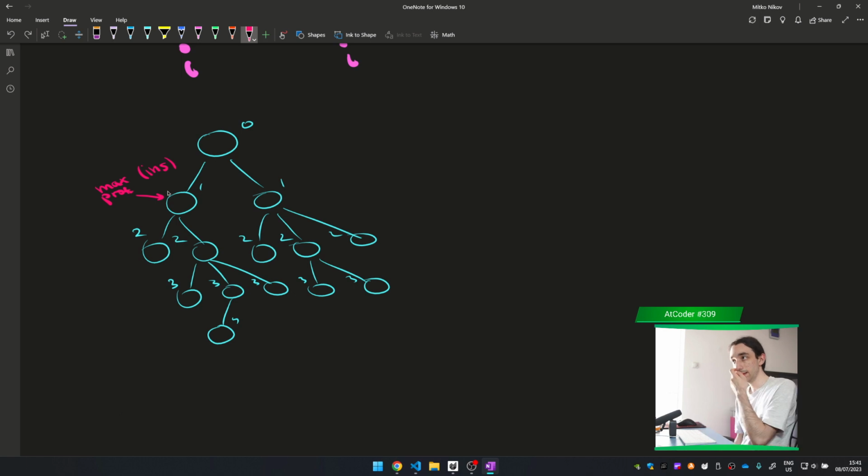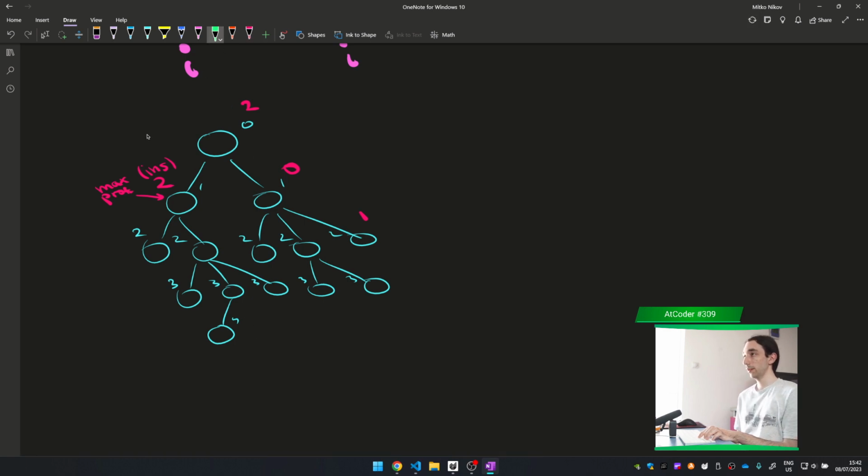Let's say that this node has some protection of 2. This node, let's say, has protection of 0. All others have protection of -1. So let's say this node here protects 1. This node protects 2 as well, and let's say like this.